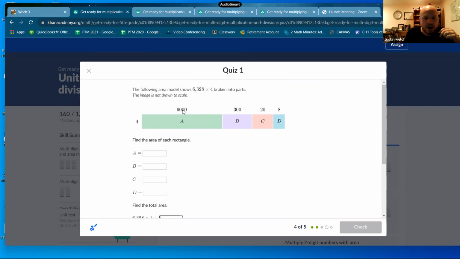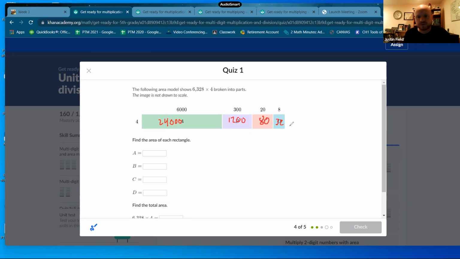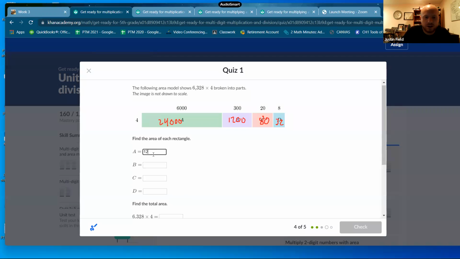So 4 times 6,000, 4 times 300, 4 times 20, and 4 times 8. 4 times 6,000 is 24 with 3 zeros. 4 times 300 is 12, the 4 times 3 with 2 zeros. 4 times 20 is 8 with a 0. And 4 times 8 is 32. So that way is not so bad. And then we could just put those answers in there.